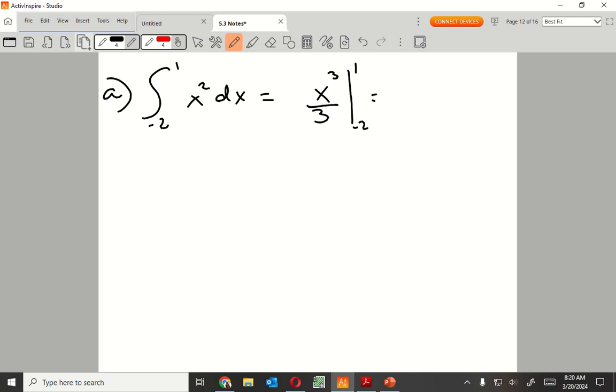So let's plug them in. So that's going to plug that in. So it's upper bound, so that's going to be 1/3 minus lower bound, -2 to the third power over 3.